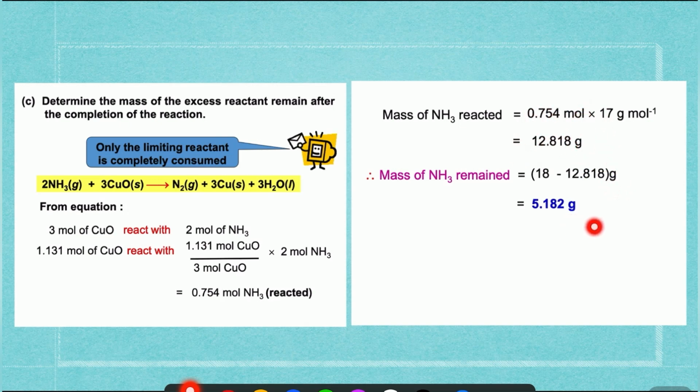So this is the excess reactant remaining after the completion of the reaction. This is how you can get the excess reactant remaining.